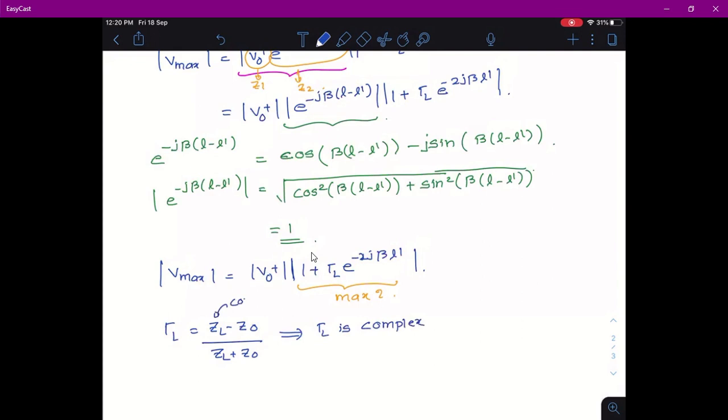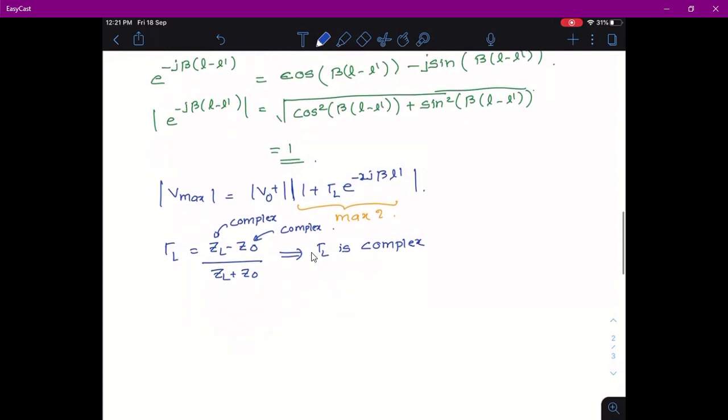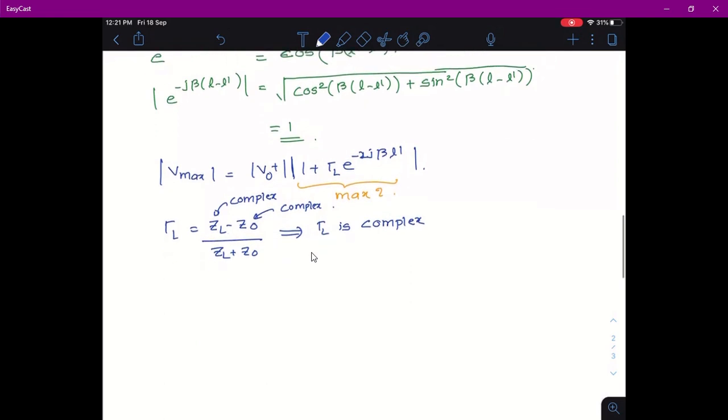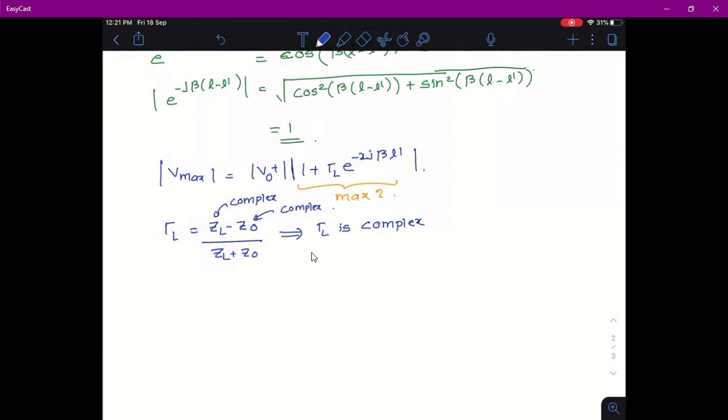ZL is complex, Z0 is also complex. So, any combination of complex numbers will give you a complex number. Okay. Fine. So, we have to find the maximum value of 1 added with the product of two complex numbers. So, for doing that, again we will review one concept.